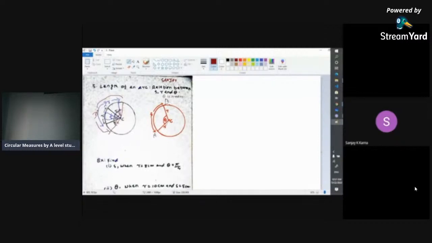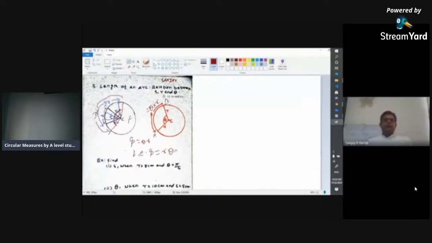So in general, instead of 1 radian angle, if it is theta radian angle, then this arc length will become theta times r. That means in general the relation between s, r and theta is s equals theta r, that is s equals r theta. So it has now become one formula to find one of these quantities based on the other two given pieces of information.